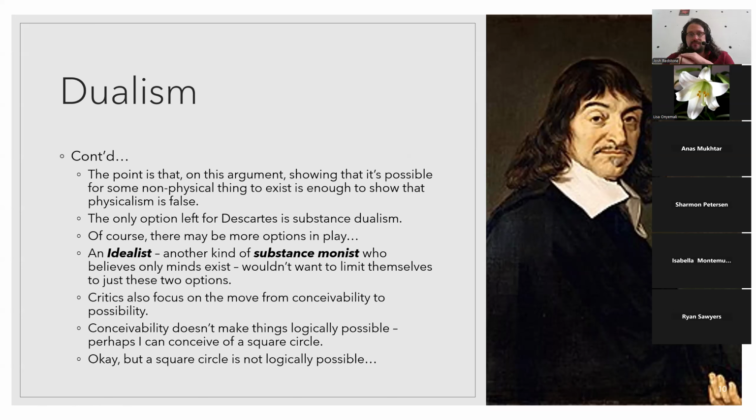Like Berkeley and his phenomenalism. You're a substance monist who believes only minds exist, only the mental exists. But critics like myself focus on the move from conceivability to possibility, right? Like Crumley's student who could conceive of a square circle, but a square circle is logically impossible.